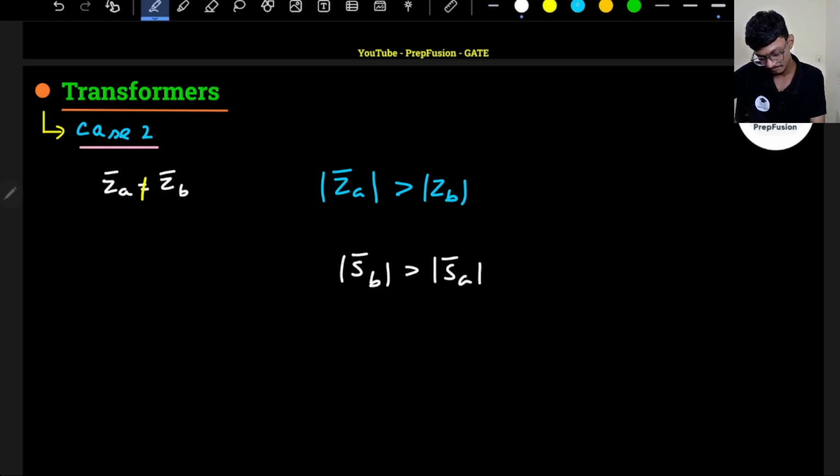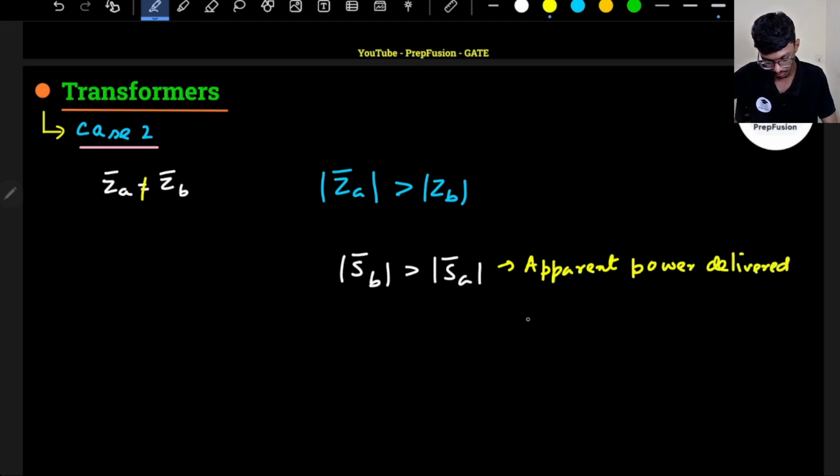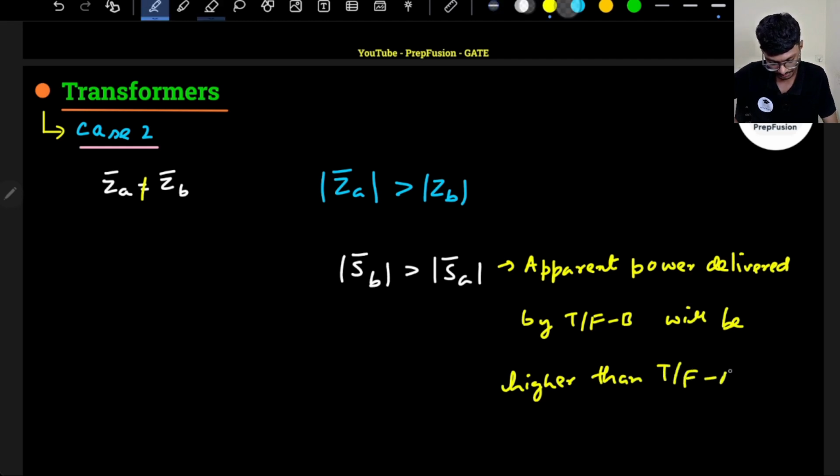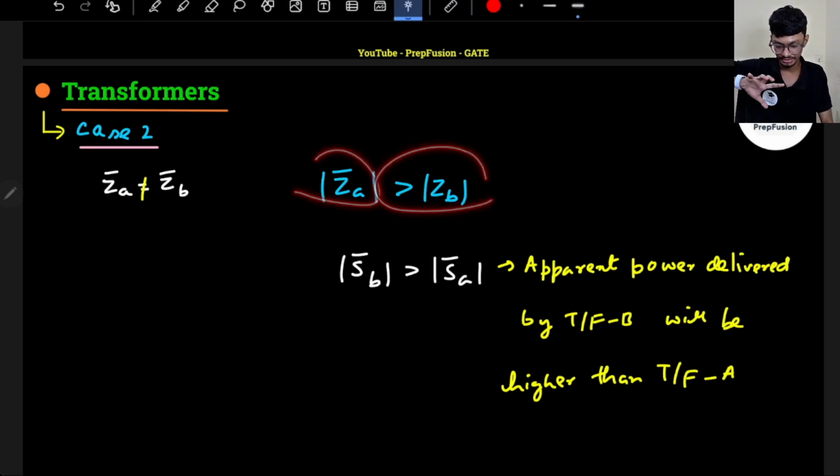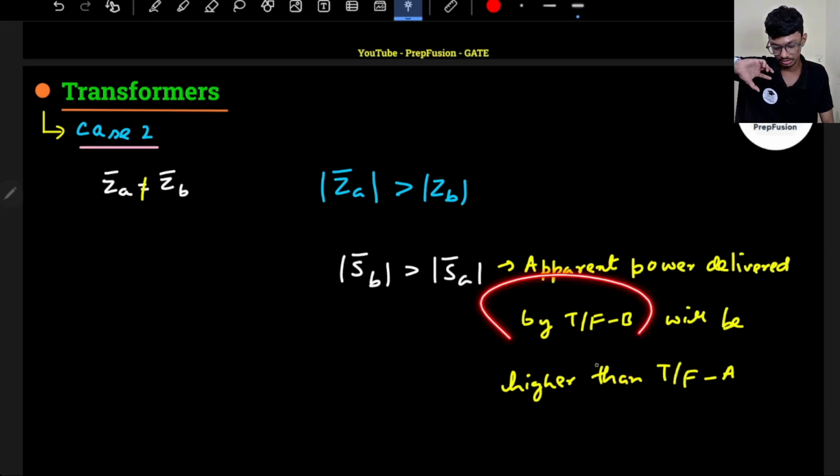So the apparent power delivered by transformer B will be higher than the apparent power delivered by transformer A. Okay, so as they are inversely proportional, if the leakage impedance ZA is higher than ZB, transformer B will deliver more apparent power than transformer A. Okay, that is the basic funda here.